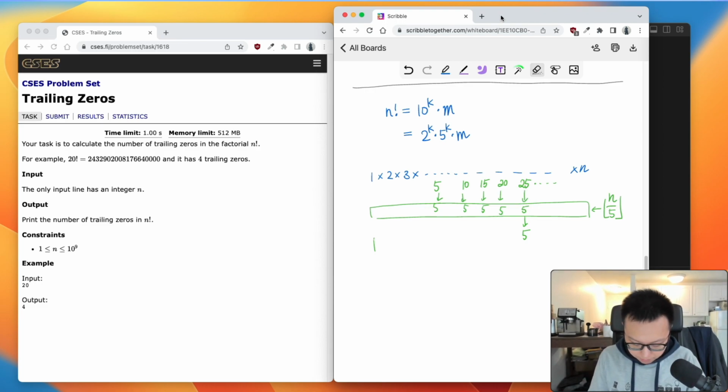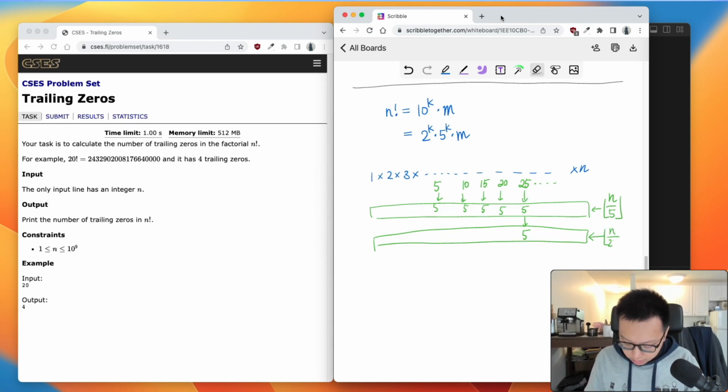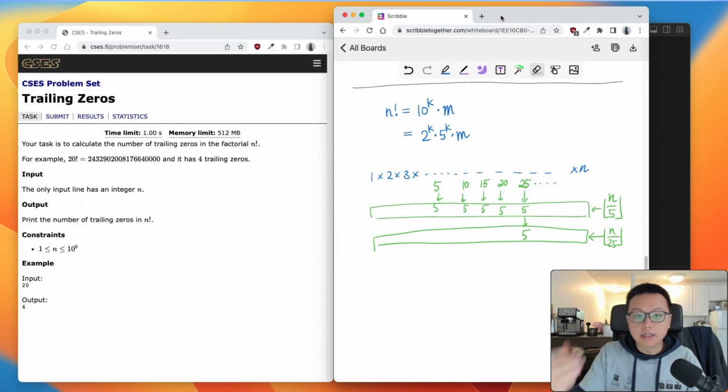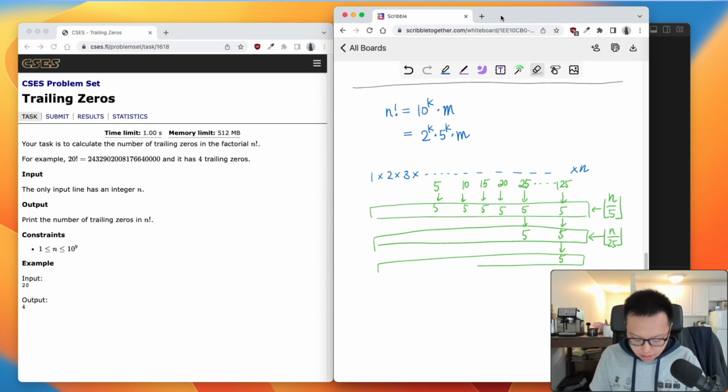This is n over 25. And if we encounter some multiple of 5 cubed, that is 125, we will have three 5s from there. So for every 125th number in the sequence from 1 to n, we can factor out an additional 5.